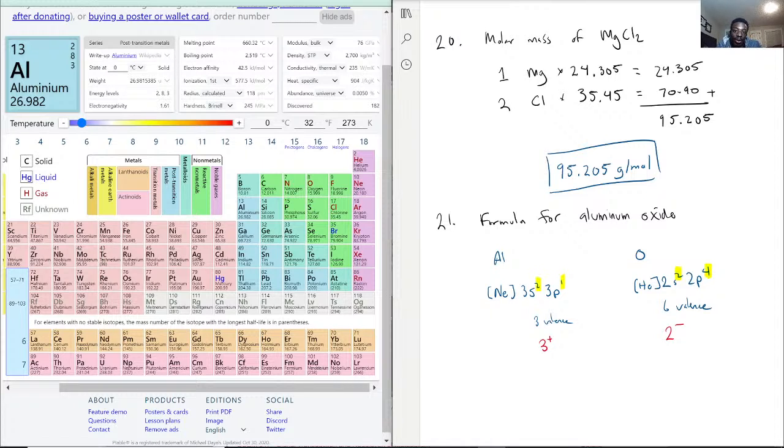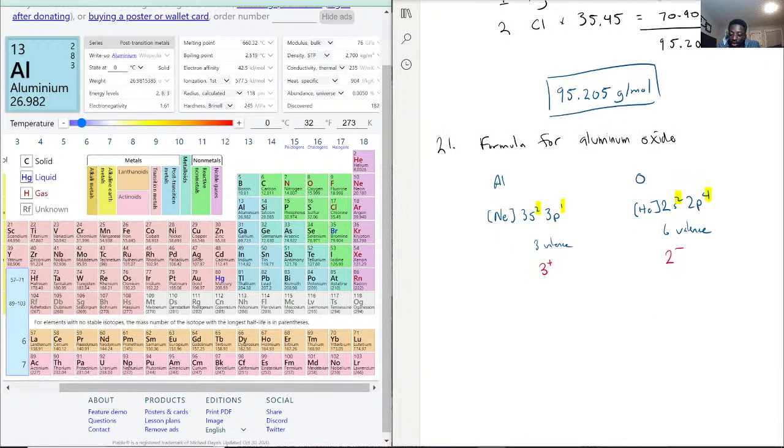Because electrons are negatively charged, so you want to have the opposite sign. So oxygen is 2- because it's gaining 2 electrons. Now how do we balance this out? The common value between aluminum and oxygen is 6, so we need times 2 and times 3 to get the same amount of electrons being gained and lost.